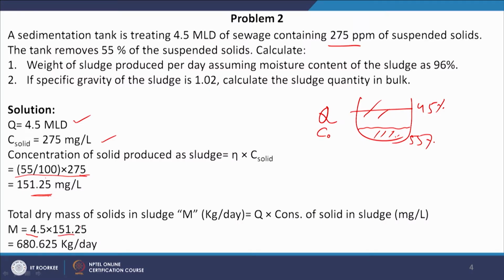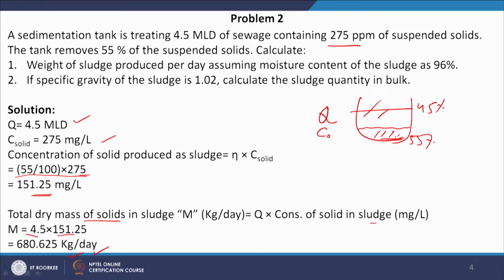So, if we multiply it with the total volume, that is 4.5 into 151.25, that is the value which will be the dry mass of solids in the sludge that is being settled here. So, that will be Q into the concentration of solid in sludge, that is 4.5 into 151.25, that is 680.625 kg per day.